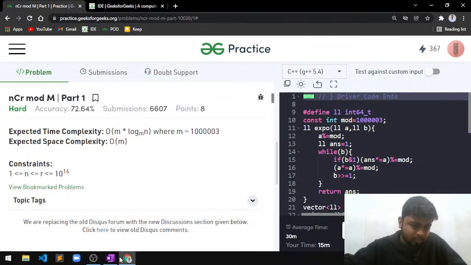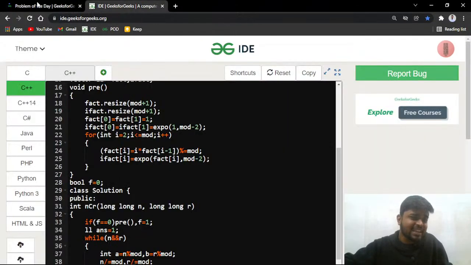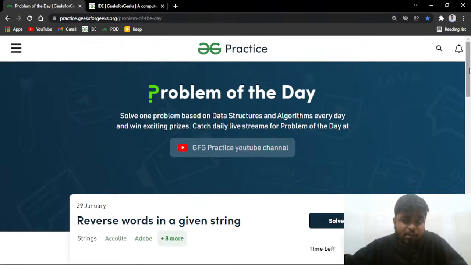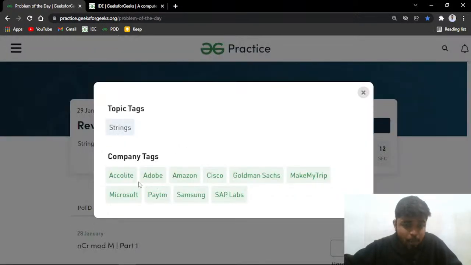So this was the problem of the day for today. Today's problem of the day is related to strings. The problem of the day for today is reverse words in a given string. If you are able to solve this problem, right, this problem was asked in Adobe, Amazon, you name it and you have it, every company, right?